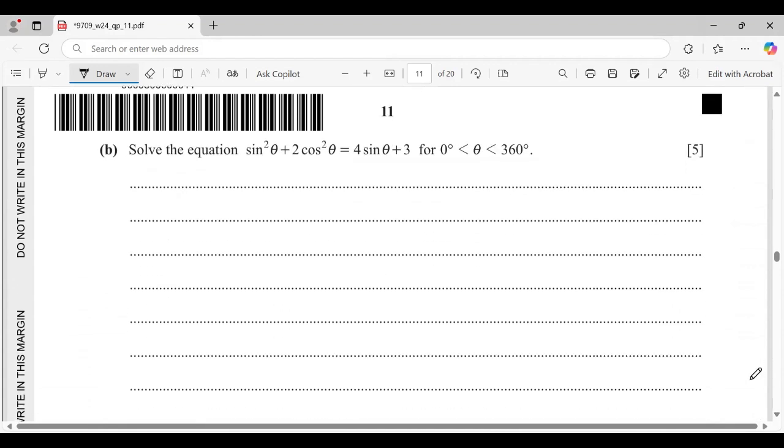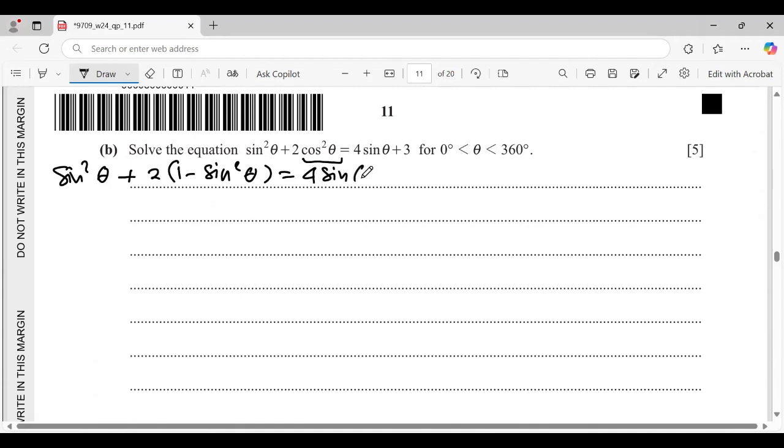Next, question B. Solve the equation sine squared theta plus 2 cosine squared theta equals 4 sine theta plus 3 for theta in the interval 0 to 360. Right. So sine squared theta plus 2 cosine squared theta equals 4 sine theta plus 3. I would like to change cosine squared theta to 1 minus sine squared theta.